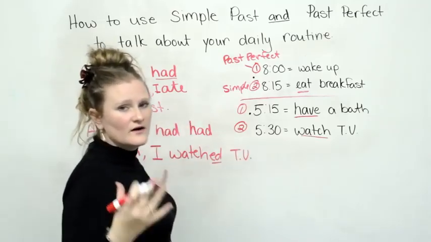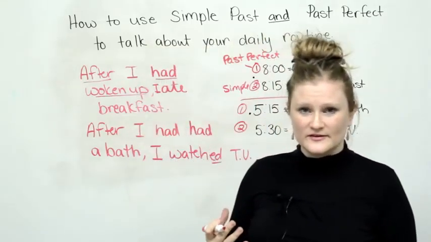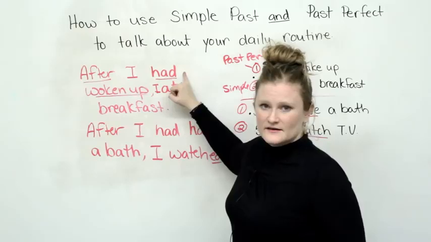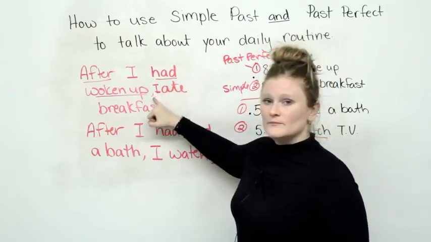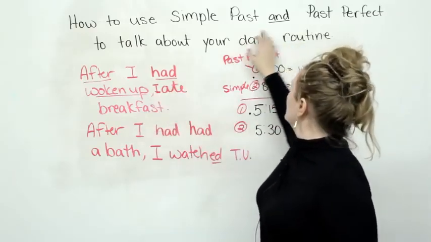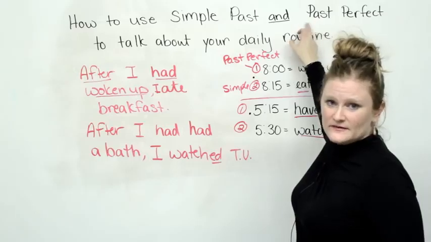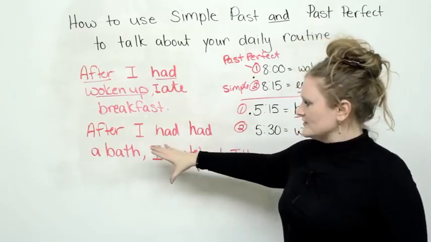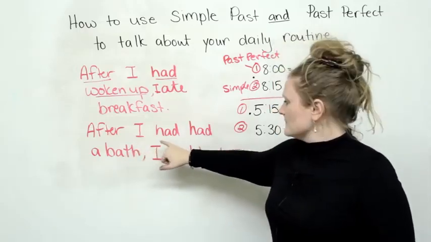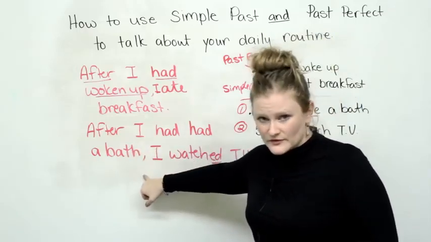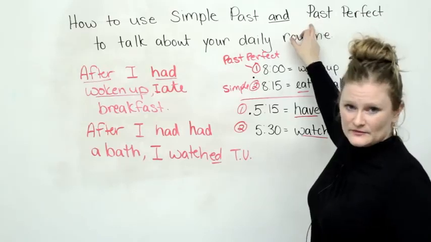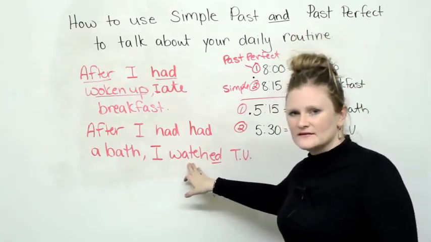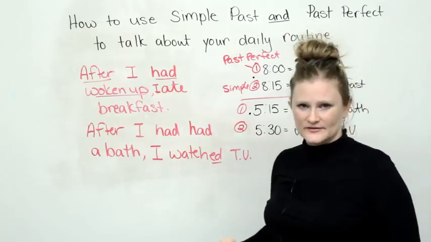So, automatically, when we look at these sentences, we know that the very, very first thing that I did was I woke up, because I'm using the past perfect. Then we know that I ate breakfast. If you look at this sentence, after work, I know I had a bath first because I'm using the past perfect. And then I know I watched TV after the bath because I'm using simple past.